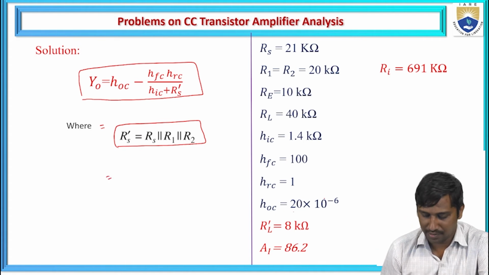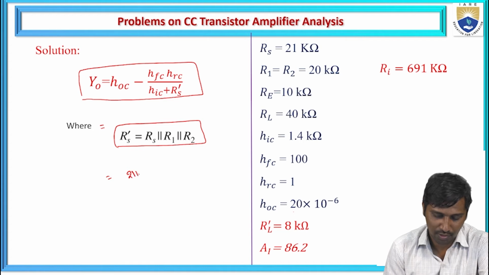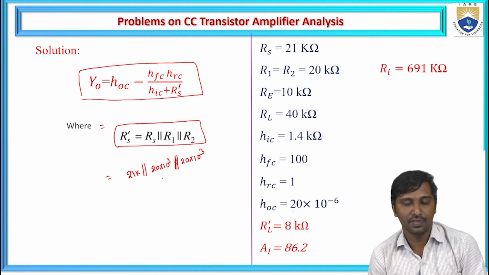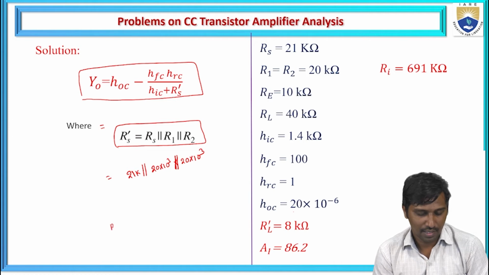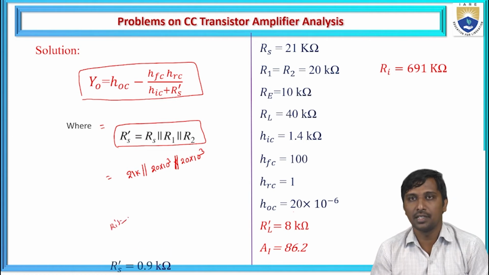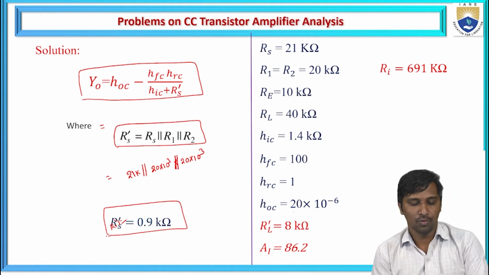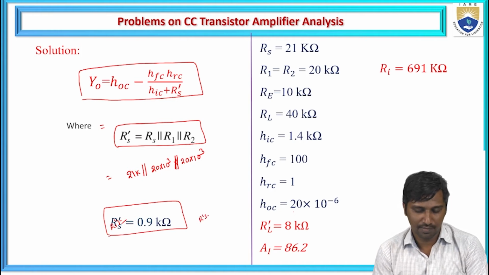RS is 21 kilo ohms, which is parallel with R1, 20 kilo ohms, and also parallel with R2, 20 kilo ohms. If you simplify this parallel combination of these three resistances, R'S is equal to 0.9 kilo ohms.